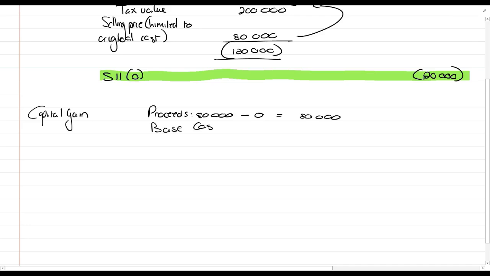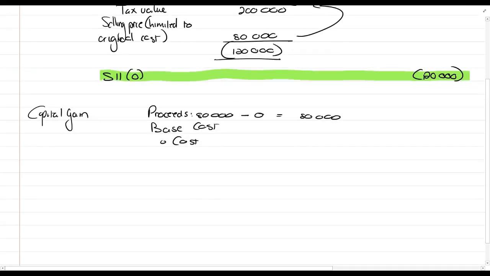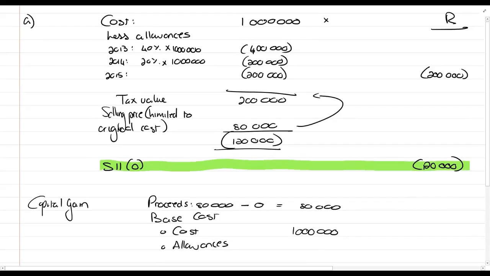Our base cost is then the cost of the asset originally, which is R1,000,000, less our allowances. And what I mean by allowances is the sum here. So 800,000.